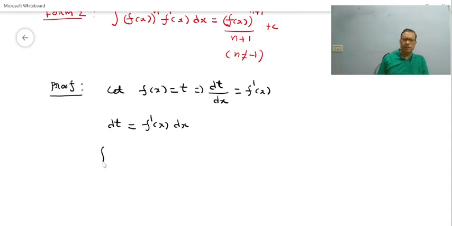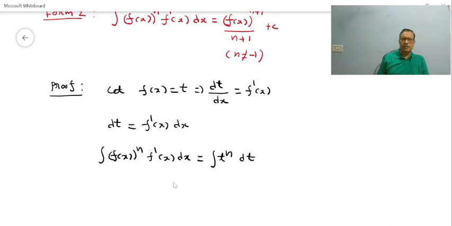Now, the integral of (f(x))^n f'(x) dx is equal to the integral of, f(x) is t, that is t to the power of n, and f'(x) dx is dt. Okay.